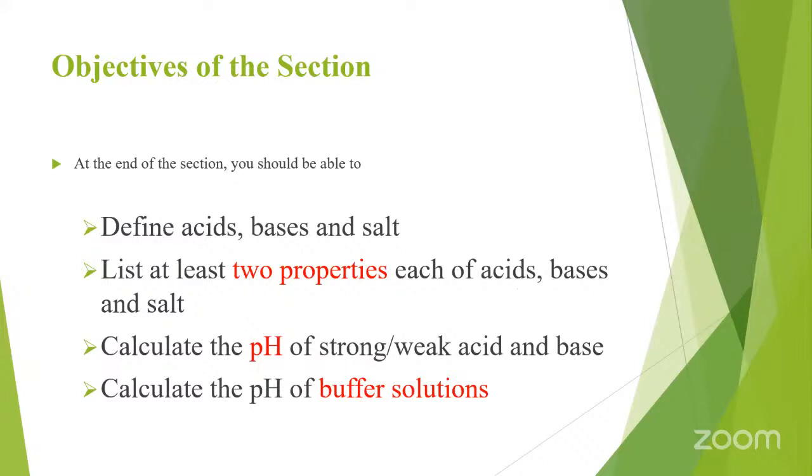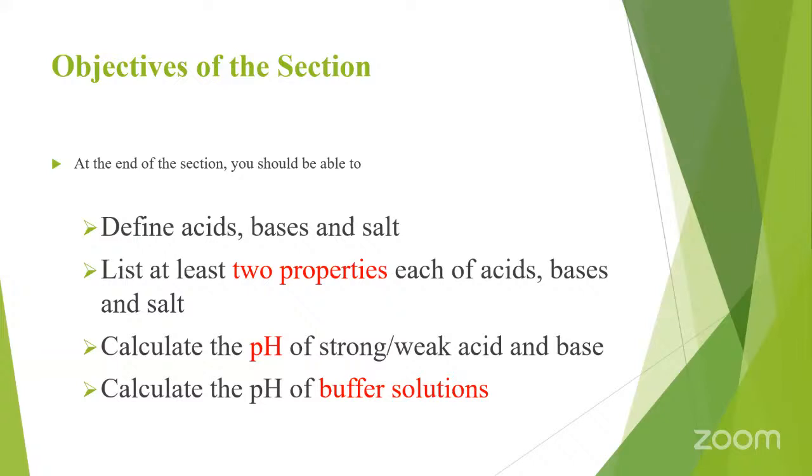At the end of my own part, this is what I'm expecting you to be able to do. You should be able to define what acids are, what are bases, what we call salt, and whether we have different types of that. You should be able to list the properties of acids, bases, and also some properties of salt. We'll also be looking at how we can calculate the pH of strong acid, weak acid, strong base, weak base.